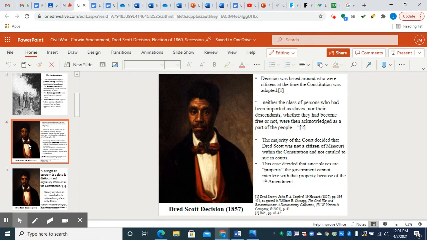Okay, because the Fifth Amendment of the Constitution says this. Basically, it says that the government cannot take away your life, liberty, or property without due process. If you've committed a crime, they can take away your property or your liberty, but there needs to be a court process where they prove that you've committed some type of crime.